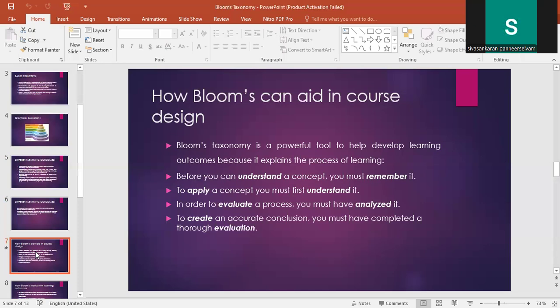Identify the action verbs that are used to describe the learning outcome of every unit, for example understanding, applying, defining. These are the different action verbs used to describe the learning outcome. You have to designate these action verbs while writing the learning outcome, by proper highlighting.